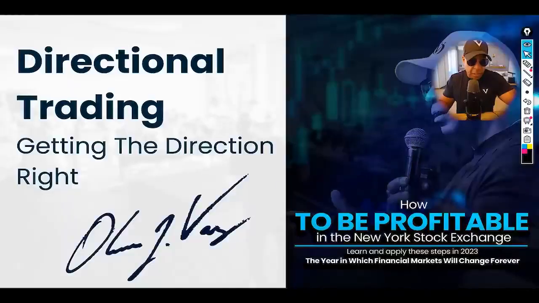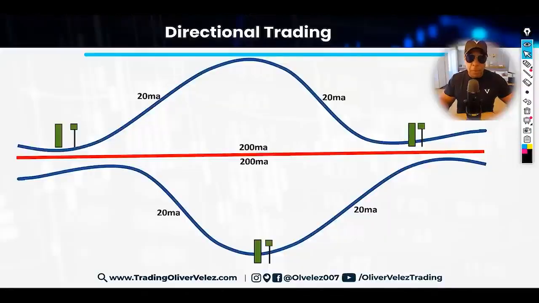But you can't be okay very often if you get the direction wrong. So it all comes down to how good are you with directional trading, because it all starts there. You've got to get the direction right most of the time. All right, let's go. This is going to do it for you. Boom. Now, directional trading.